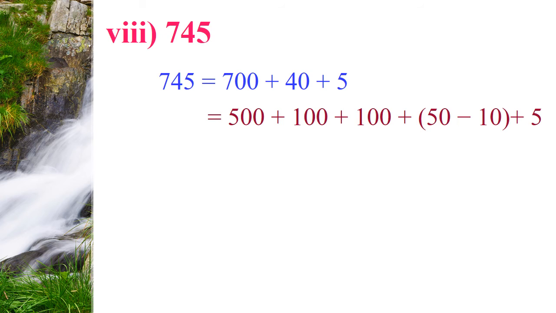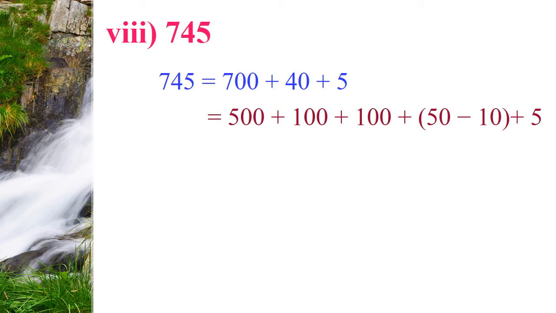Eighth problem, 745. The expanded form of 745 is 700 plus 40 plus 5. So next split the numbers. So here 700 can be written as 500 plus 100 plus 100. 40 can be written as 50 minus 10.